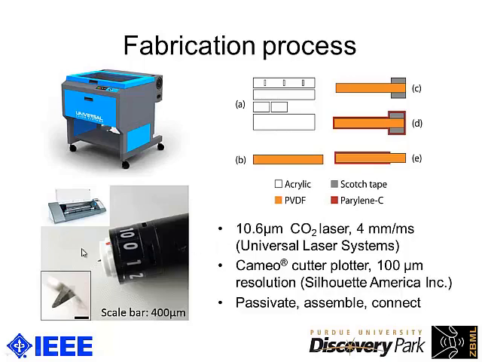So in this case, we can take the strips, mask them with a tape, passivate them with Parylene, so that we can later use them in the spinal cord without having them short out. And finally, remove the tape, make the electrical connections, and assemble the device.